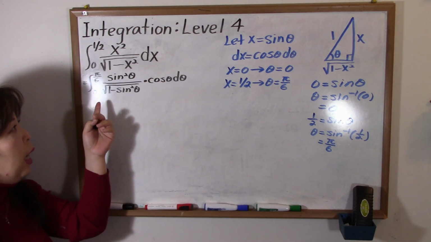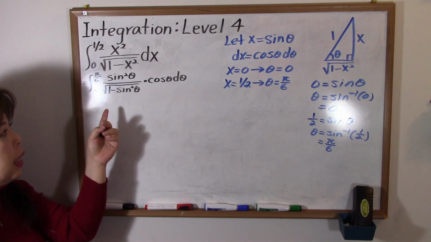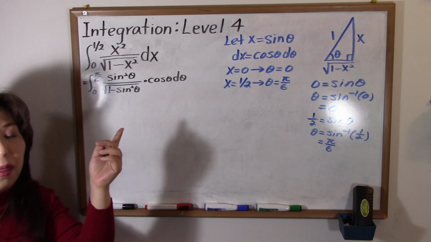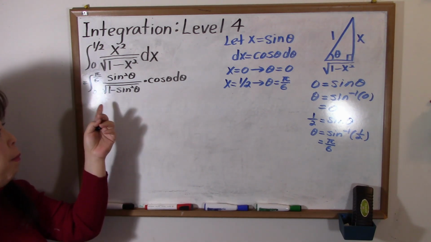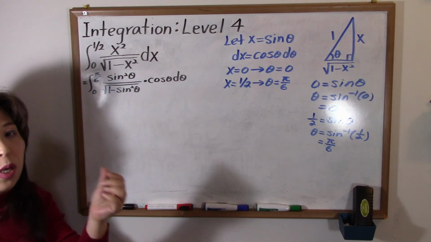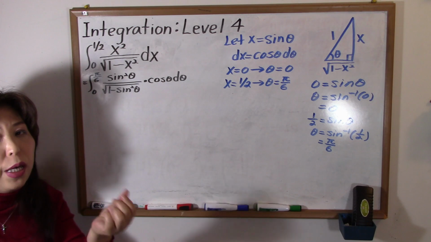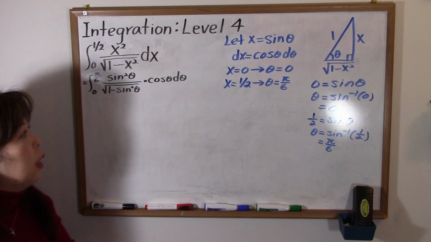Next point, we want to change 1 minus sine squared theta to cosine squared theta because we want to take away the square root and cancel cosine theta. And 1 minus sine squared theta is cosine squared theta because sine squared theta plus cosine squared theta is equal to 1.